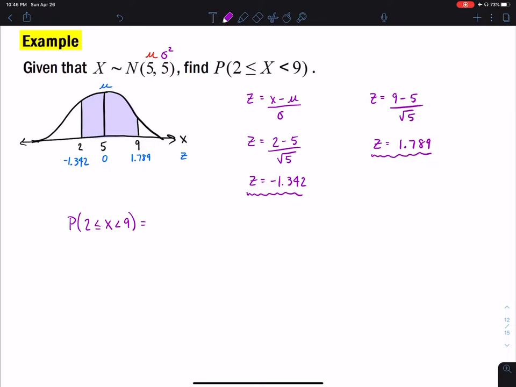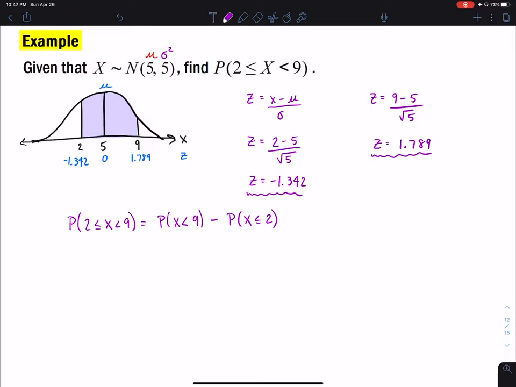Our answer here isn't 7, but we are going to take that same mindset and do the probability that x is less than 9, minus the probability that x is less than or equal to 2.